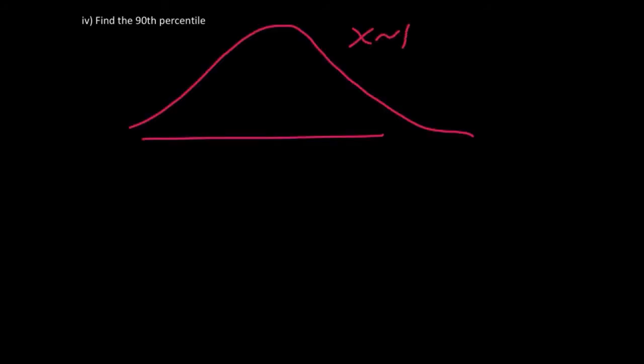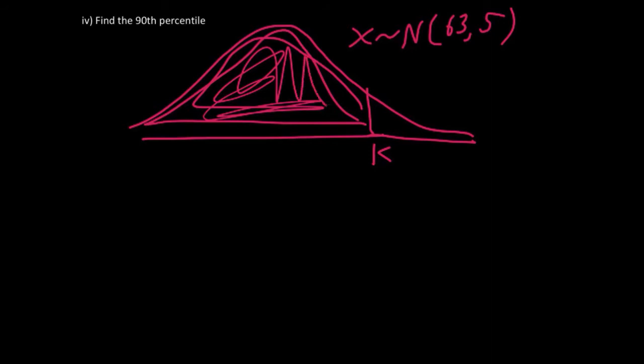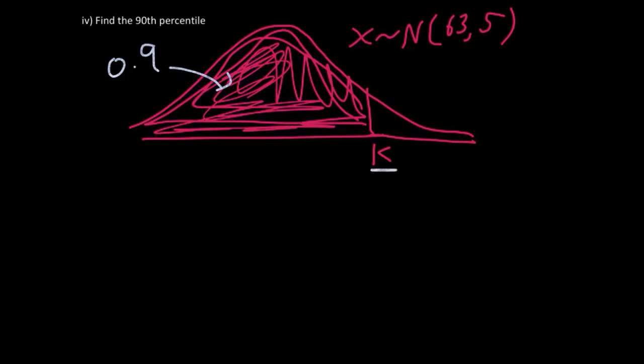The last one, find the 90th percentile. X has normal, mu 63, standard deviation is 5. So 90th percentile means this area is 0.9. So this k is the 90th percentile that we are looking for. Okay, now consider this diagram.